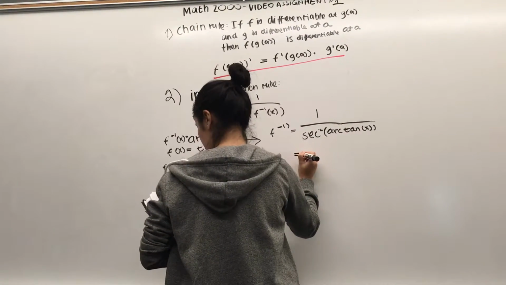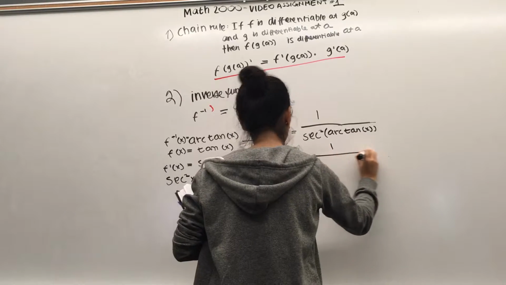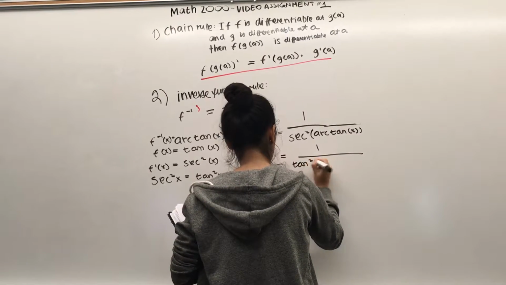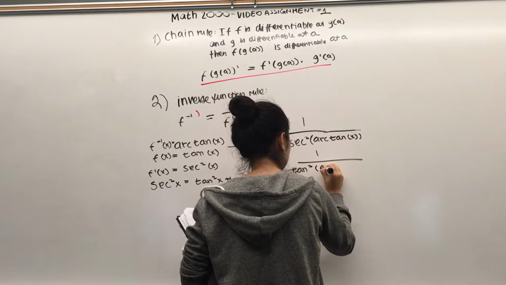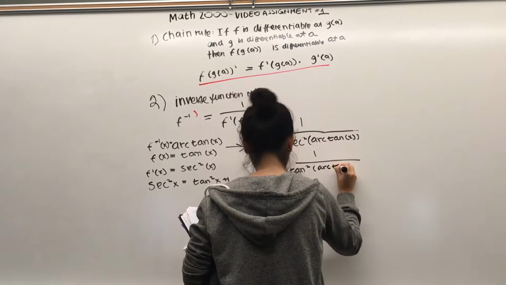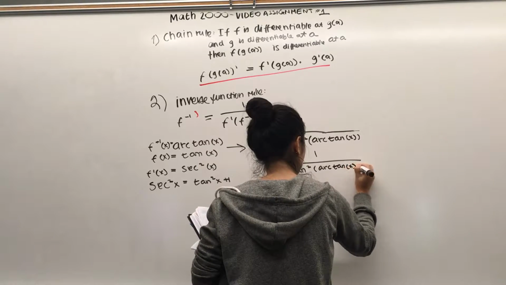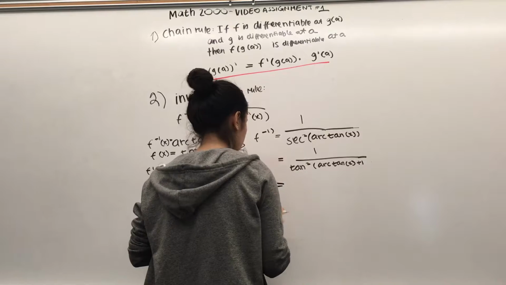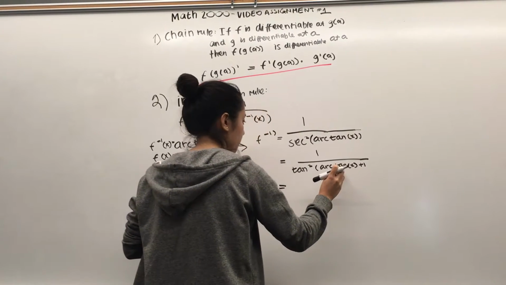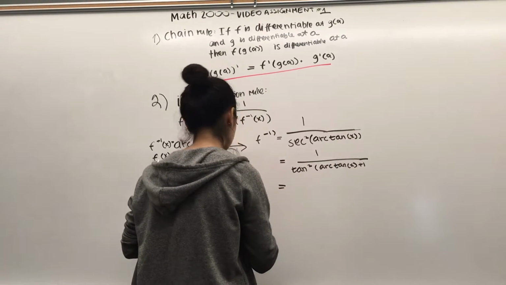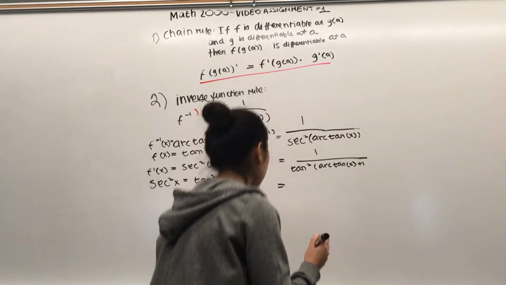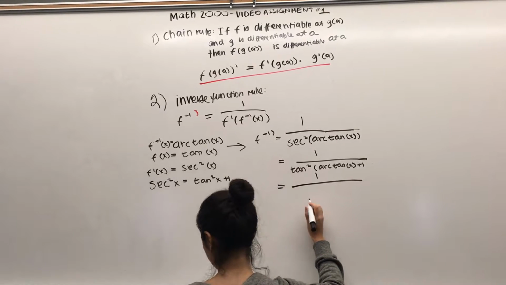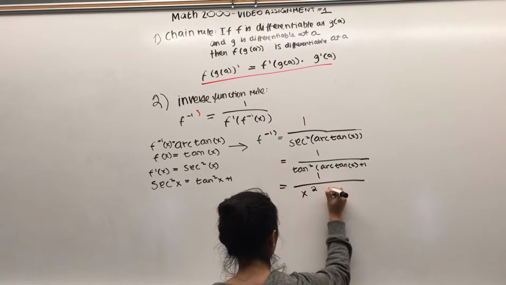Therefore, this will equal 1 over tan squared of arc tan plus 1. And because this is an inverse function of this, the property states that this would end up as x squared plus 1.